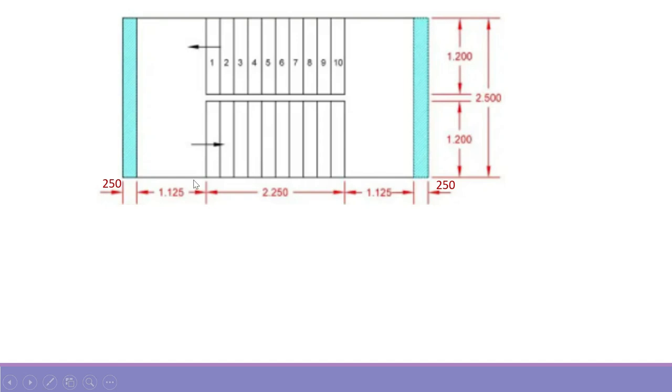So if we subtract 2.25 from 4.5 and divide it by 2, it shows that we have a space of 1.125 on both sides. There is a 250 thickness of wall, and we have a space of 2.5 meter width, so it can be divided into 1.2 wide flights and 100 millimeter may be left in the center. So this is the available space that we have calculated.